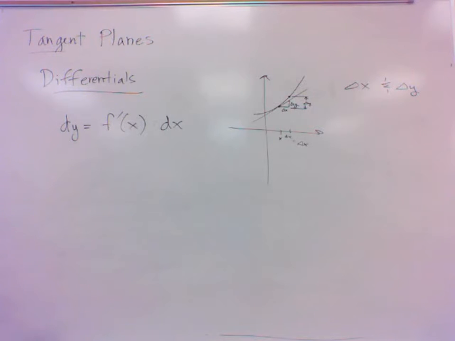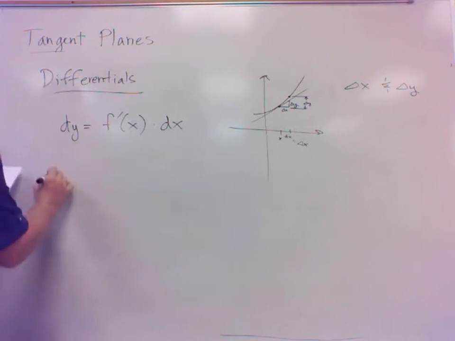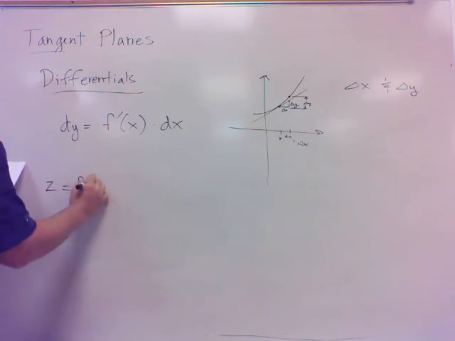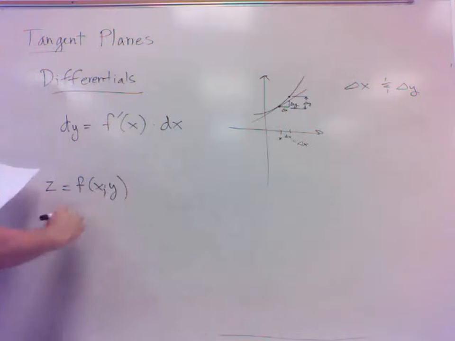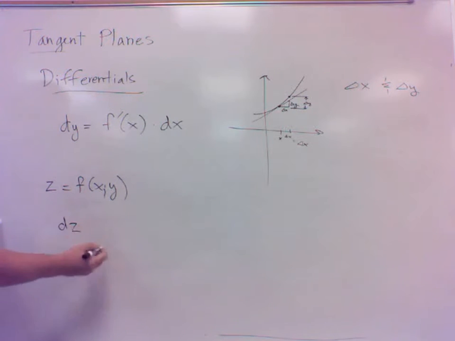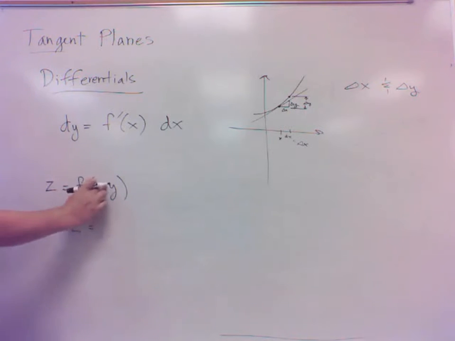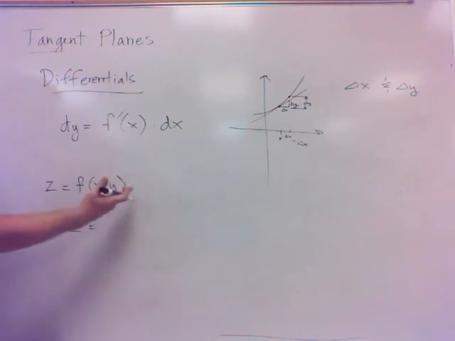Well, so when we go to 3 dimensions, z equals f of x,y, let's call it. Pretty much the same, except your differential dz is called the total differential. Since you've got 2 independent variables, guess what you got to use? Partial derivatives, okay?